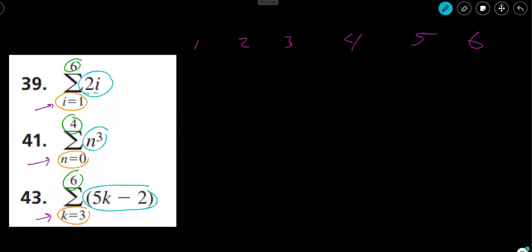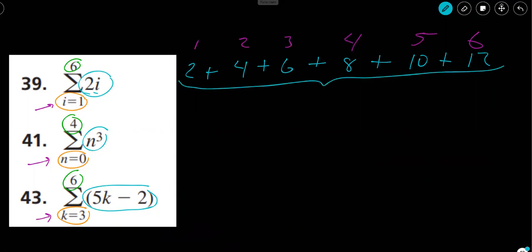So this would be 2 times 1 is 2. 2 times 2 is 4, 6, 8, 10, and 12. And then finally, I can just sum all this together. I can put this together quite quickly. 2 plus 4 plus 6 plus 8 plus 10 plus 12. That's going to be 42. So the answer to this first one is just going to be 42.